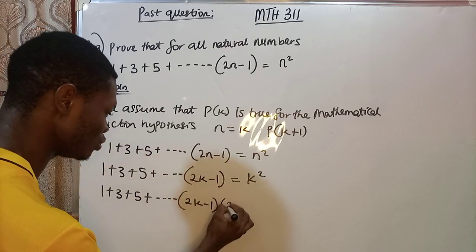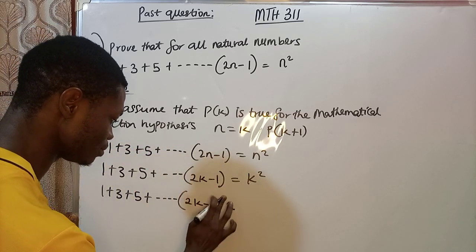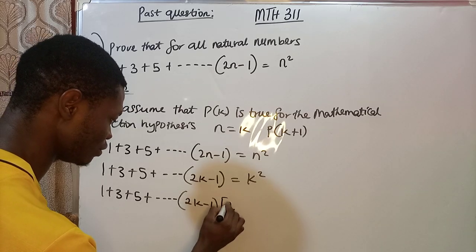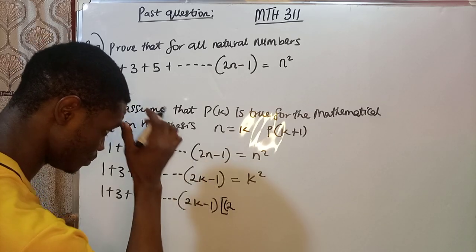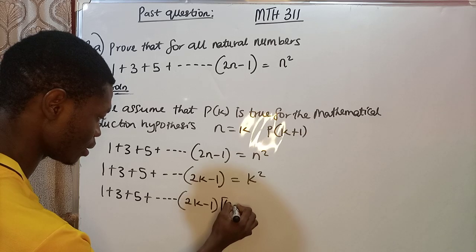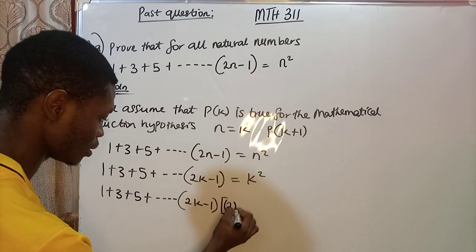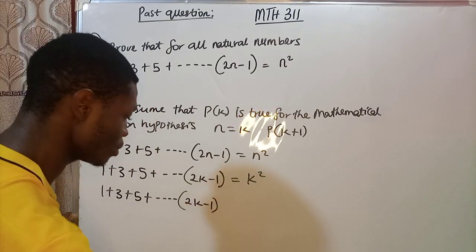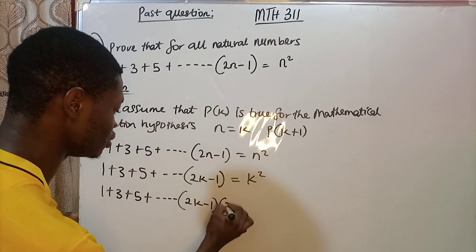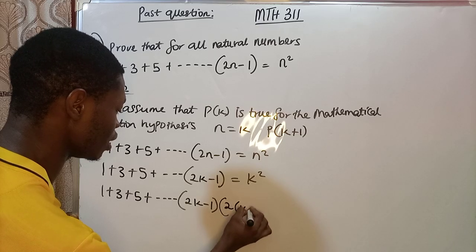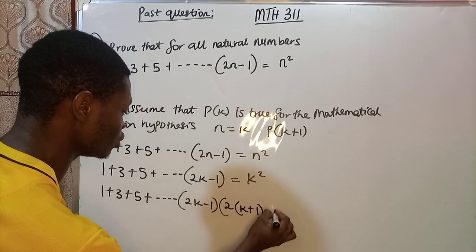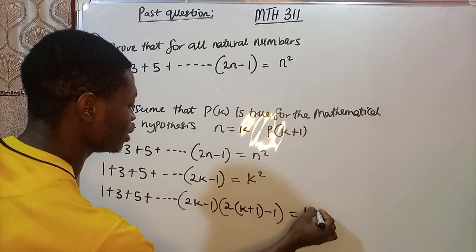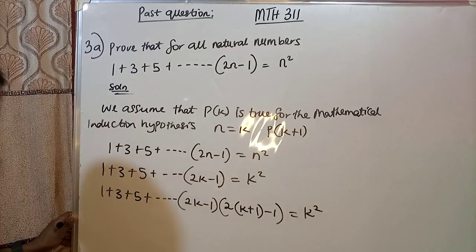So we are going to have 2, let me just write it like this. 2 parentheses 2 k plus 1 minus 1 is equal to k squared.